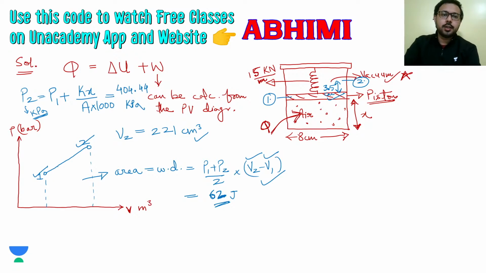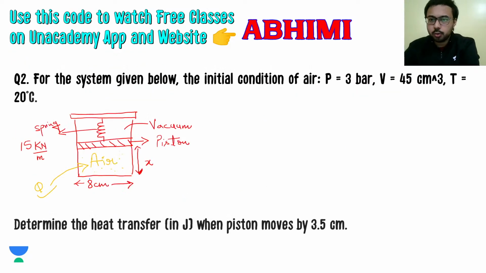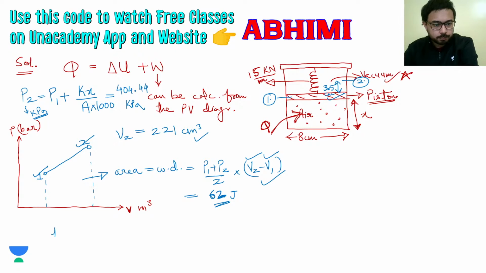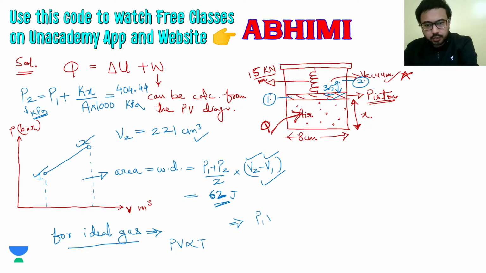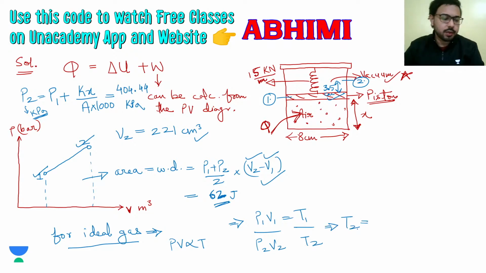So we know P1, V1, P2, V2, we know temperature 1. Let's see if it is given in the question or not. So yes, temperature 1 is also given, and it is given as 20 degrees. So for ideal gases, we know PV is proportional to T. So this will give us P1 V1 over T1 equal to P2 V2 over T2. So from here, temperature 2 will come out as, why are we calculating temperature 2?